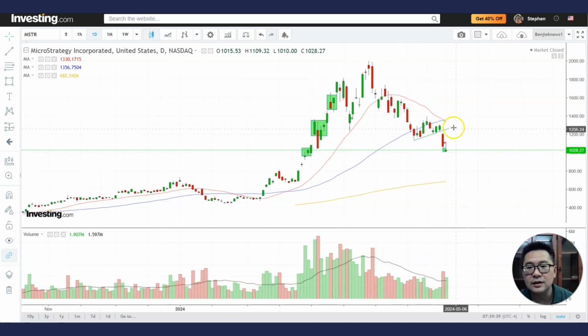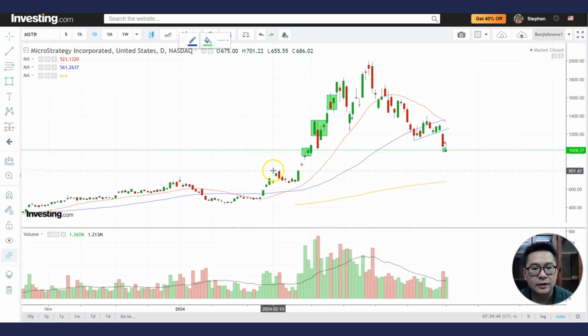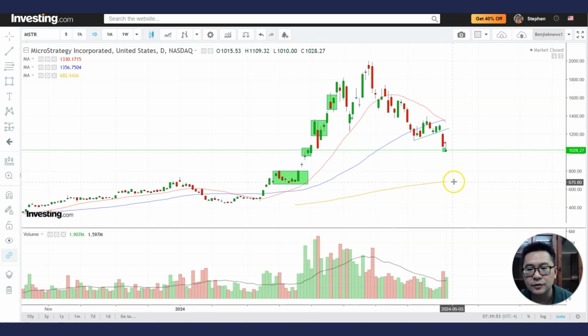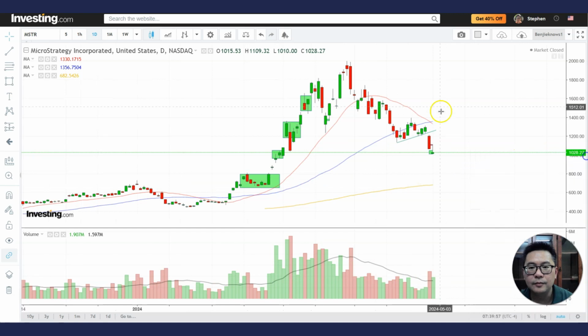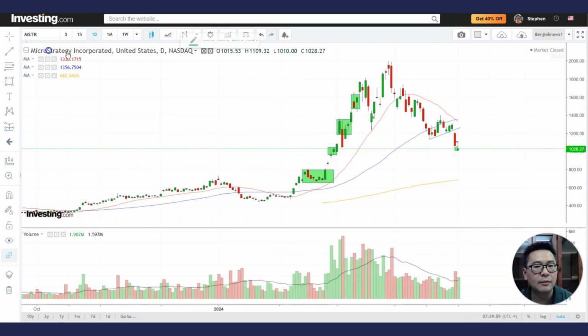And as long as it's below the 20 MA, you might see it continue to drop to this next support area here. And also it might meet the 200 MA. So next support area is here. You might also meet it at the 200 MA. And we can actually take a measured move.